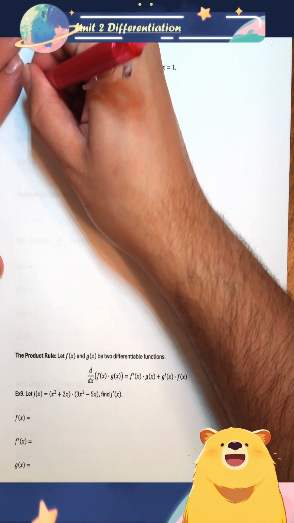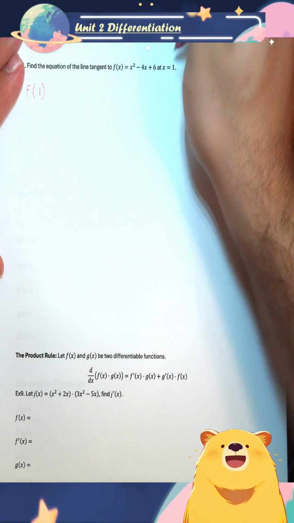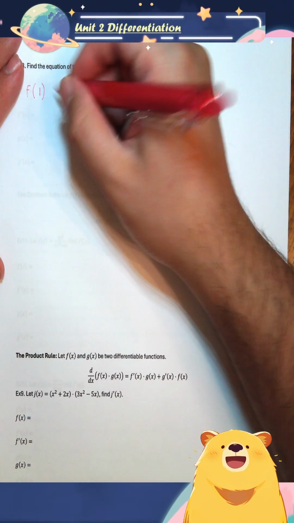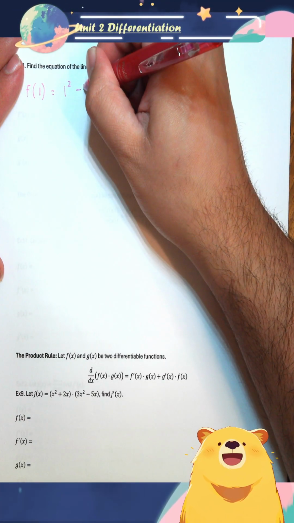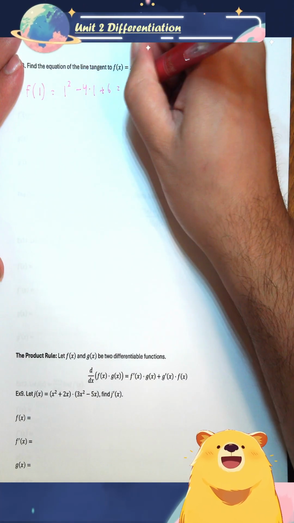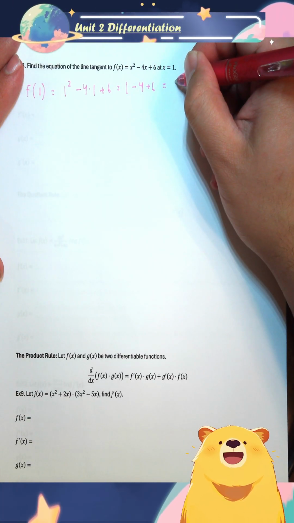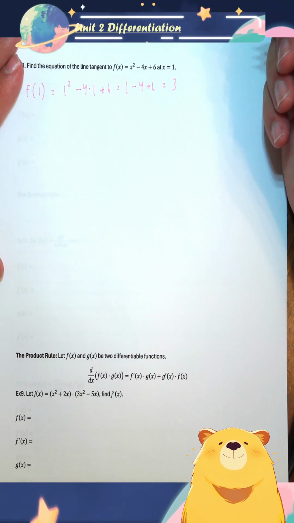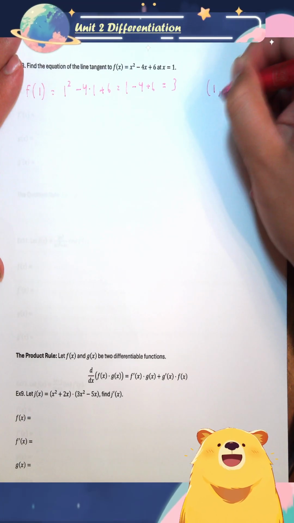We need to know where it lies. So we need to still find f of 1, since we know that we're going to be at x is equal to 1. So that's 1 squared minus 4 times 1 plus 6, which is just 1 minus 4 plus 6. And that's going to be 3. So we know that our coordinate is going to be (1, 3).